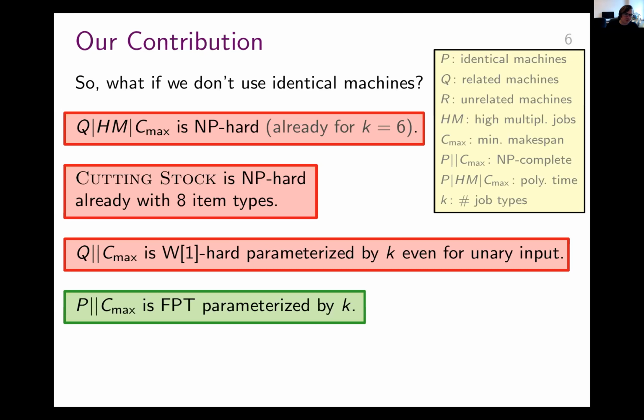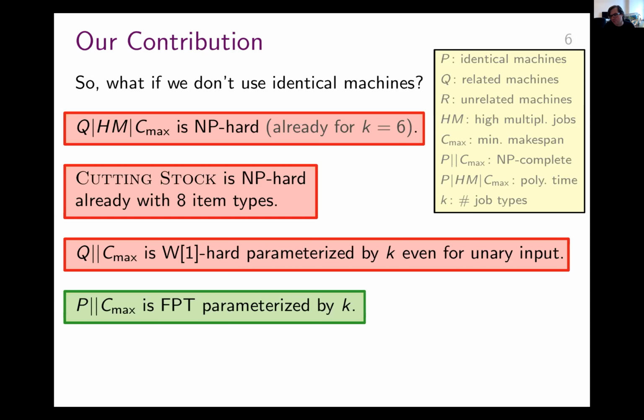One more interesting result: as you saw, Gammons and Oswald showed something about PC Max. Basically what they showed is that if you have many jobs and their length is encoded in unary, then the problem is FPT.